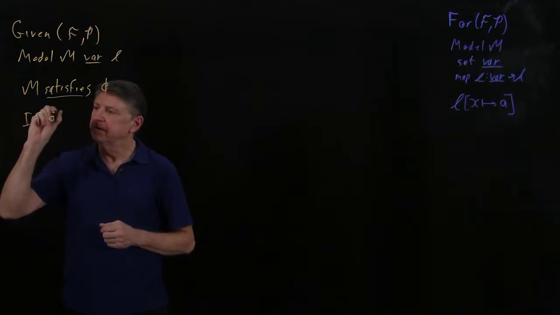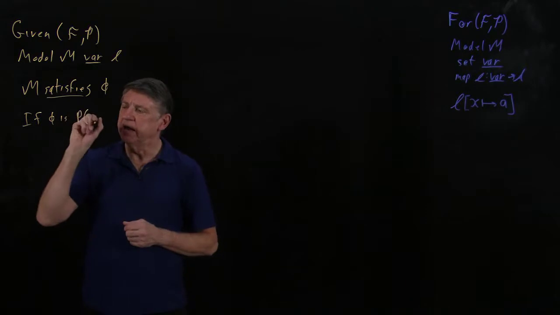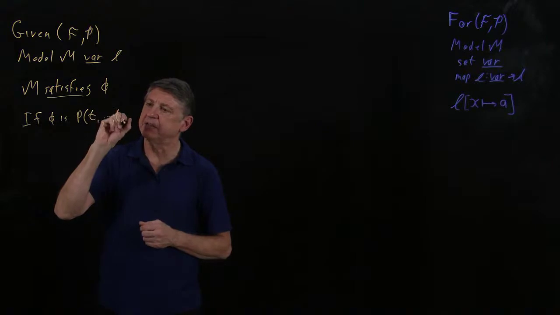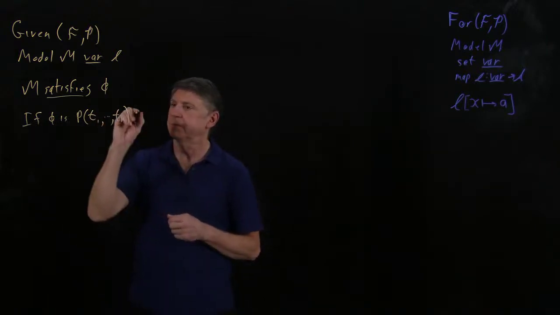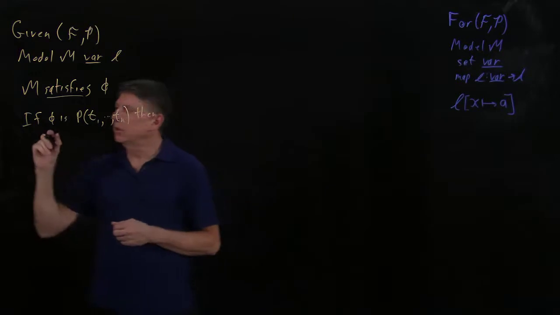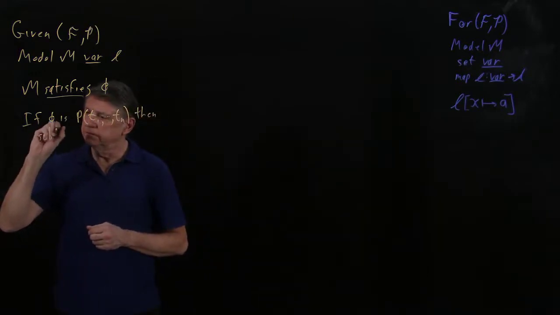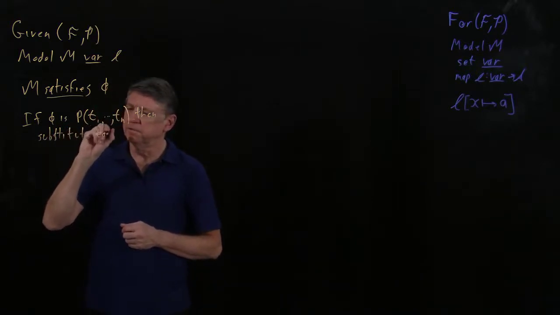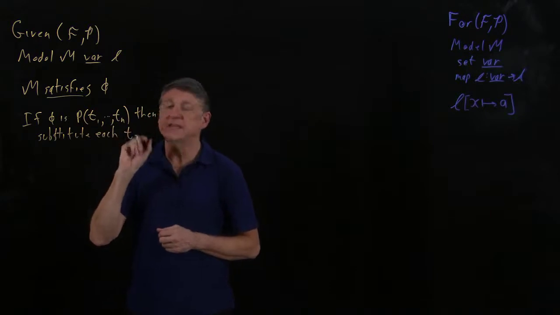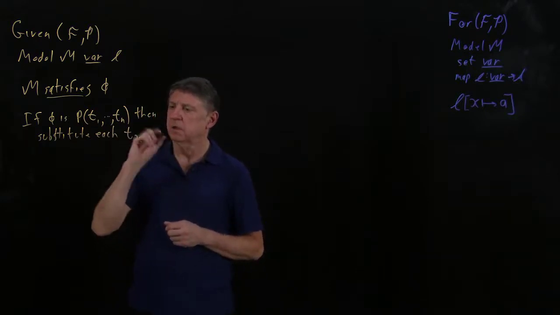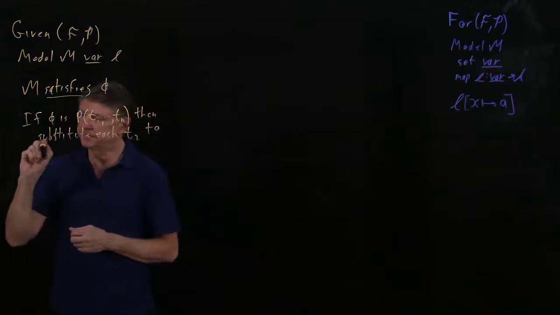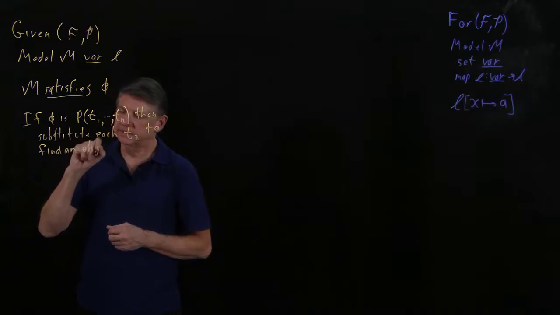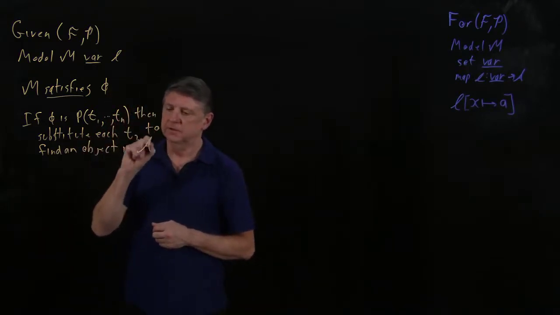So if phi is a predicate, and a predicate has at least one term, and it may have up to n terms for an n-ary predicate, then we substitute each, let's say the ith term, to find an object in the universe of discourse.